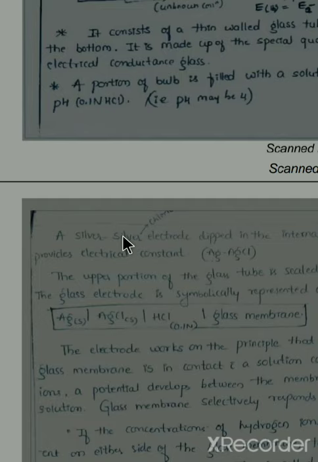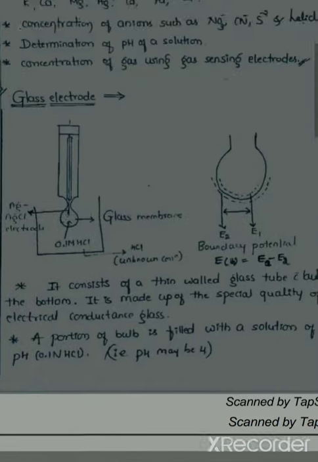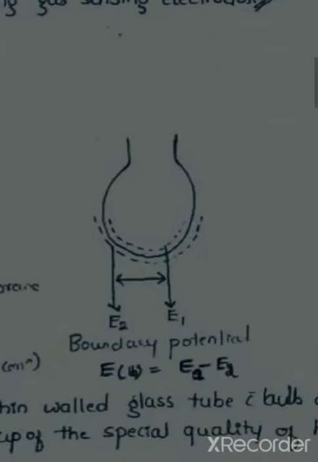Okay, now in the next step you are going to study the potential developed in this glass electrode. One by one we will study. The first thing we are going to study is the boundary potential. For the boundary potential you just consider this glass bulb structure. In this bulb, this is the membrane. You can see here there is a glass membrane.